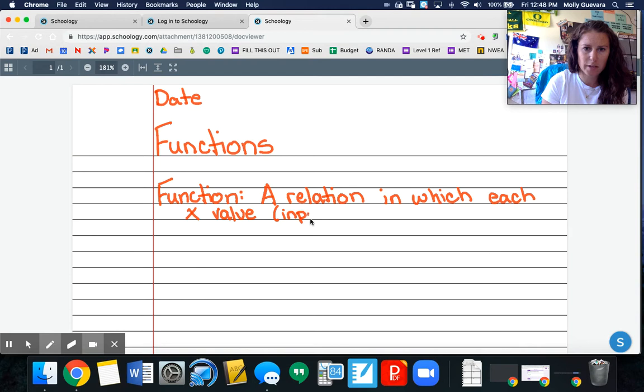Because x values and inputs are the same. So each input only has one y value or output.